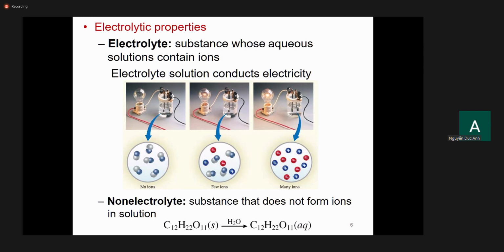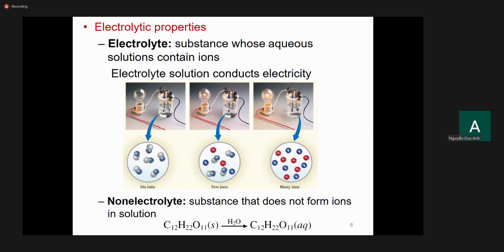Or we can say the solution will contain ions at that moment. So whether the solution has an electrolytic property or not is related to the ability of that solution to conduct electricity.